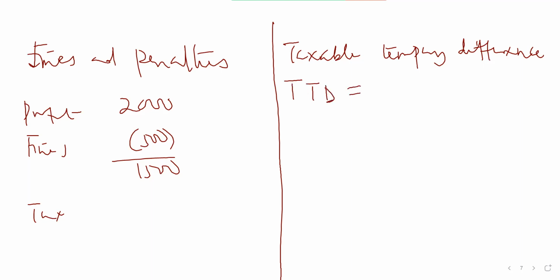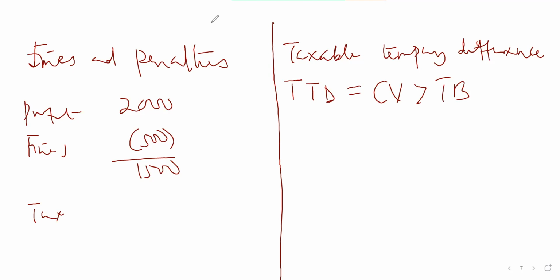A taxable temporary difference is when the carrying value of the asset is greater than the tax base. The tax base is the carrying value of the asset in the books of the tax authority. So when the carrying value is greater than the tax base, we call it a taxable temporary difference.